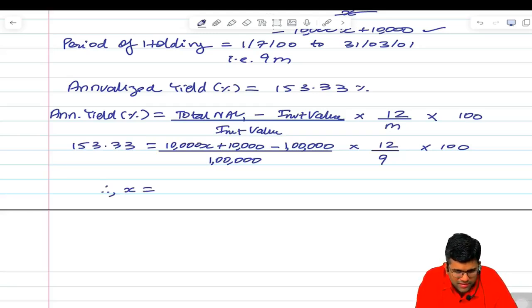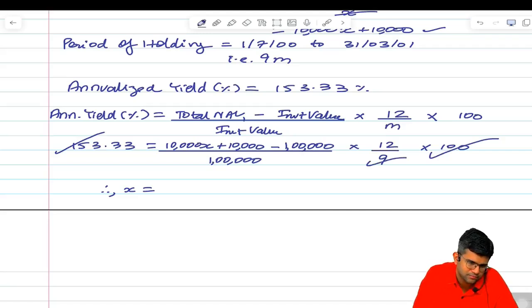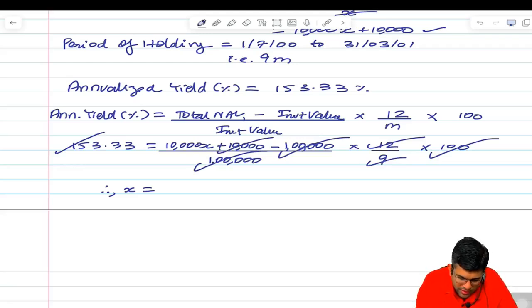Take your calci. Mahalakshmi, correct answer, yes. Take 153.33 on the calculator. Divide by 100, into 9, divide by 12, into 1 lakh, plus 1 lakh, minus 10,000, divide by 10,000.